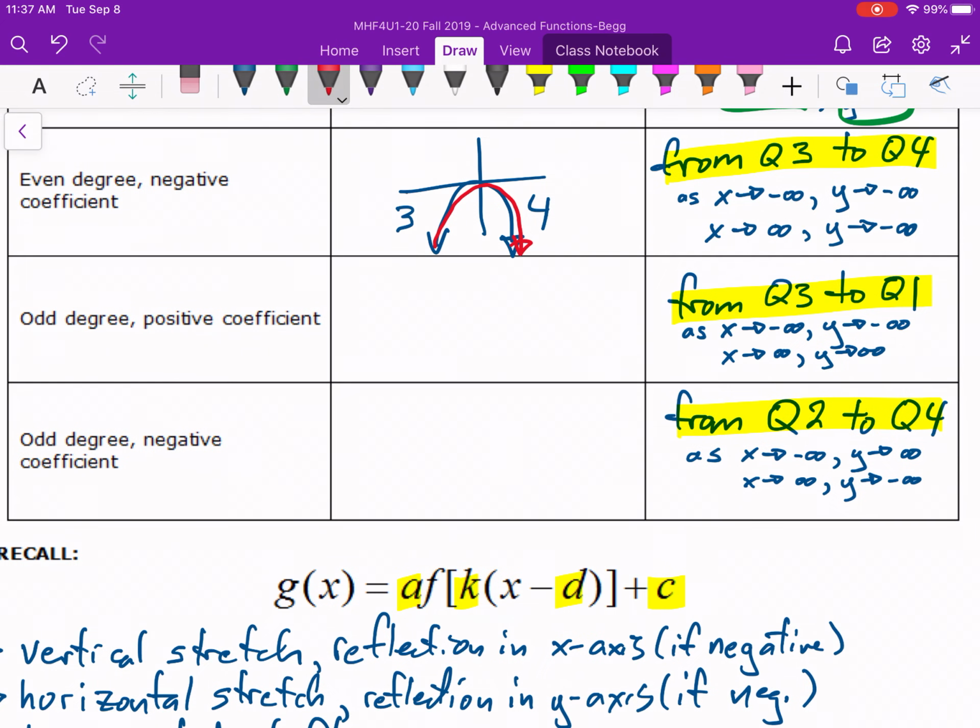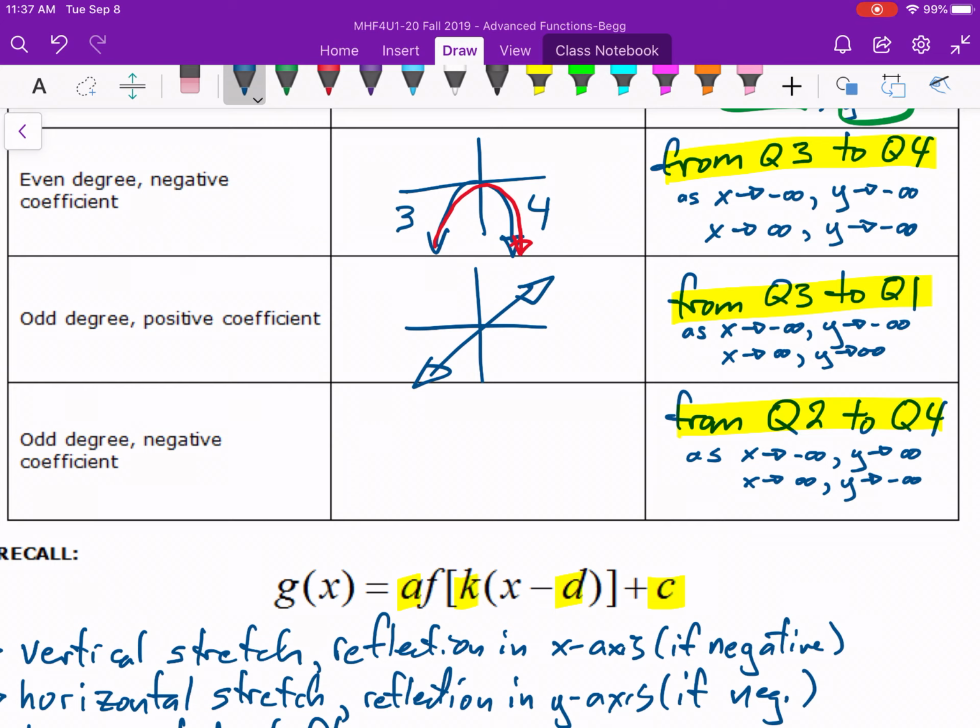Odd degree. The most basic odd degree one would be linear. That's a degree 1, which is odd. But there's also cubic or quintic, so degrees 1, 3, 5. Anything that's got an odd degree is going to behave like something linear. Let's stick with a linear one, though. So let's just draw a straight line. Positive coefficient, when we're talking about linear, that just means like a positive slope.